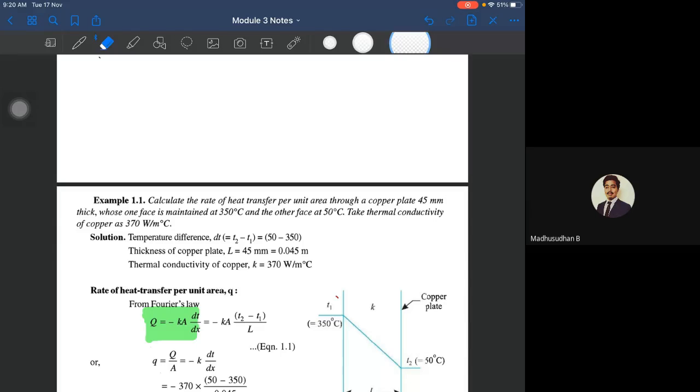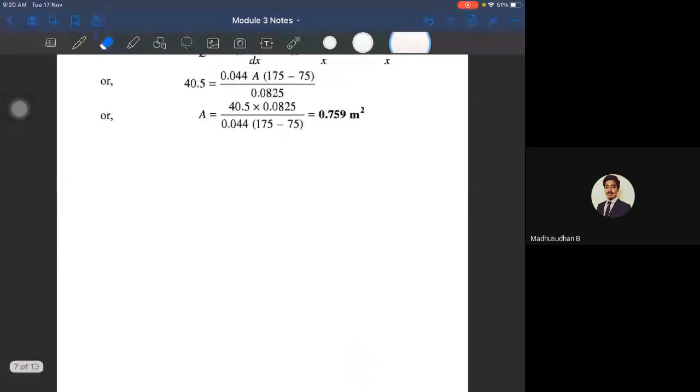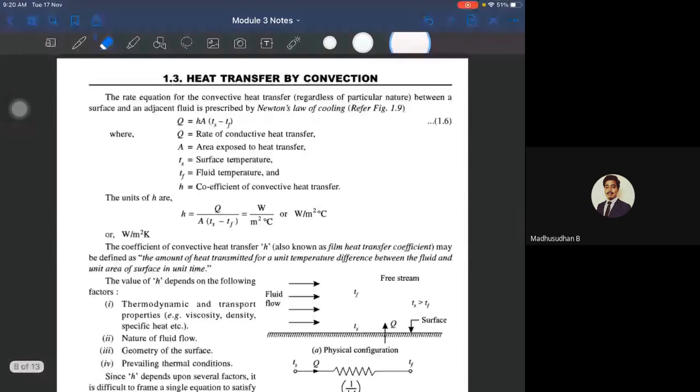In this class, we'll be discussing some of the problems related to convection. In module number 3, you can expect problems from conduction, convection, as well as radiation, and all the problems in this module would be of the basic level. That means the basic formula would be there, with just the substitution of some parameters and asking you to calculate the remaining parameters.